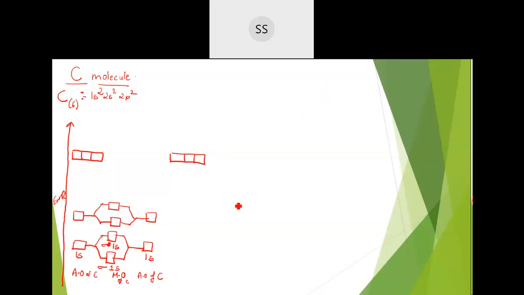Yes, very good. One sigma and then 2 pi, correct? You'll get 1 sigma and 2 pi.